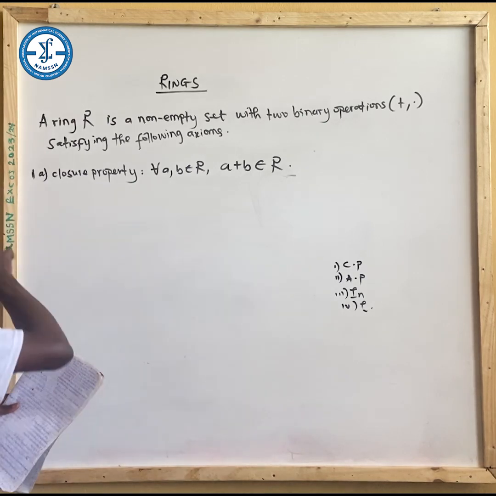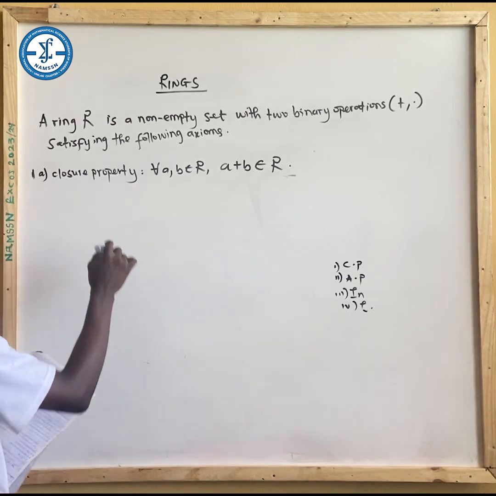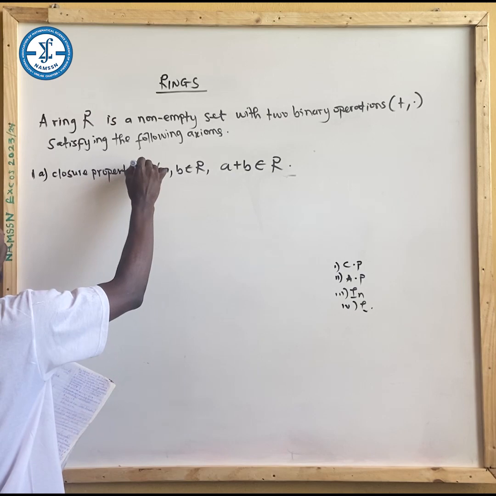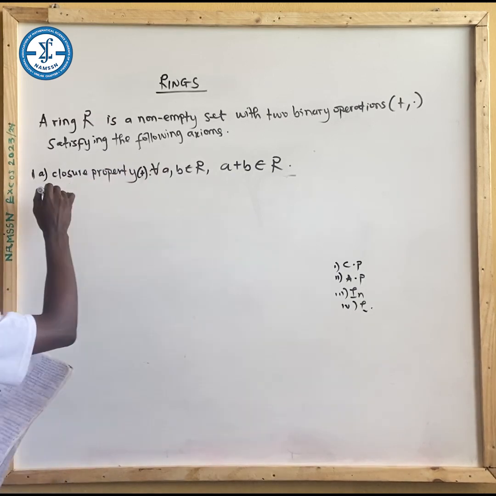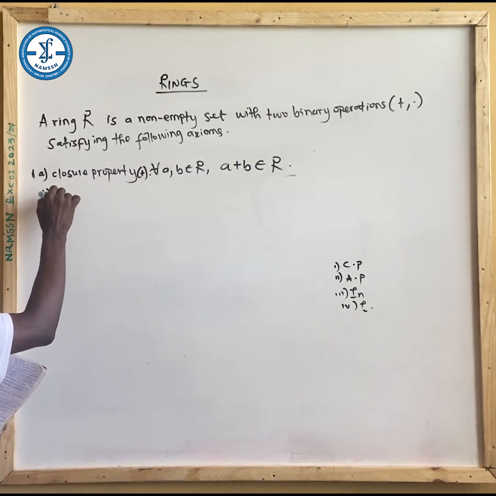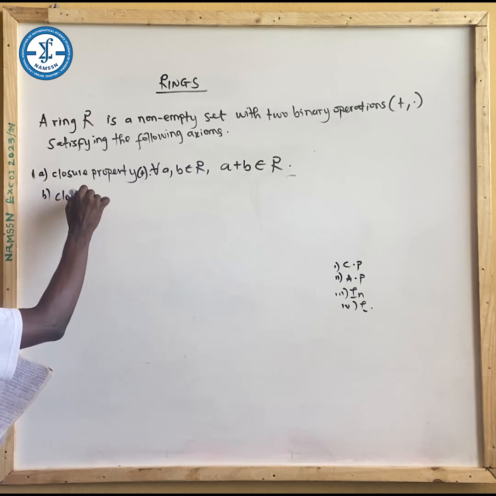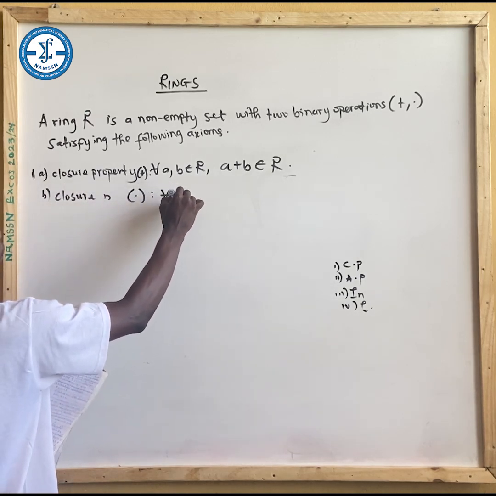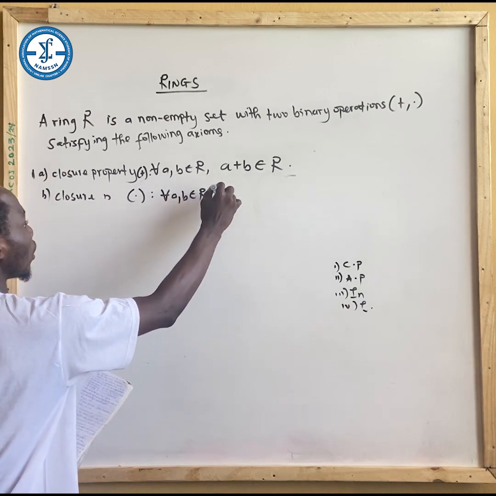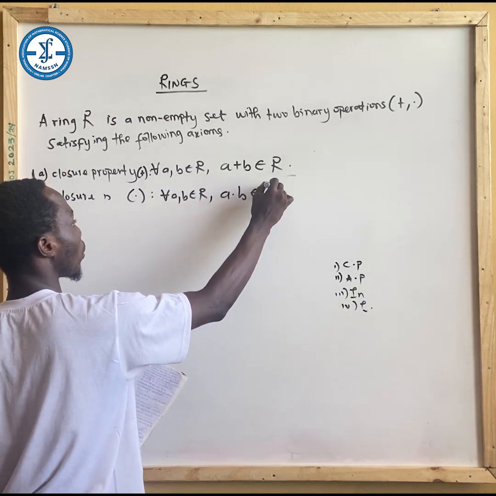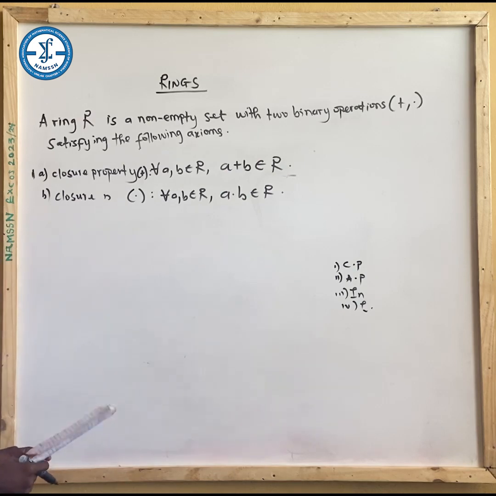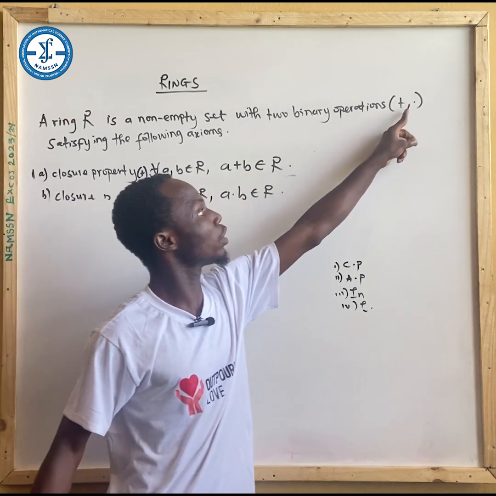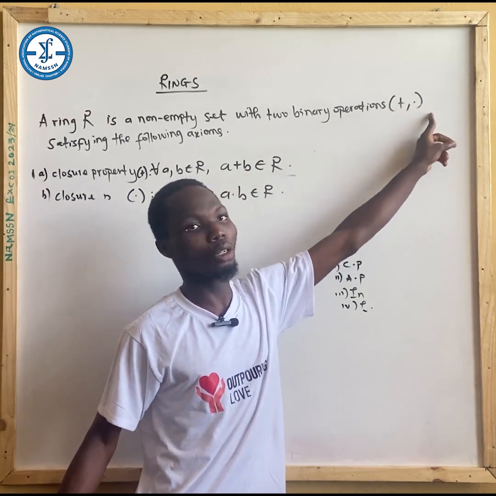So I need to also define it for multiplication. Here I can say closure property under multiplication, which says that for all a, b members of R, a dot b is also a member of R. So when you're also defining your associative property, you need to define it using these two binary operations.